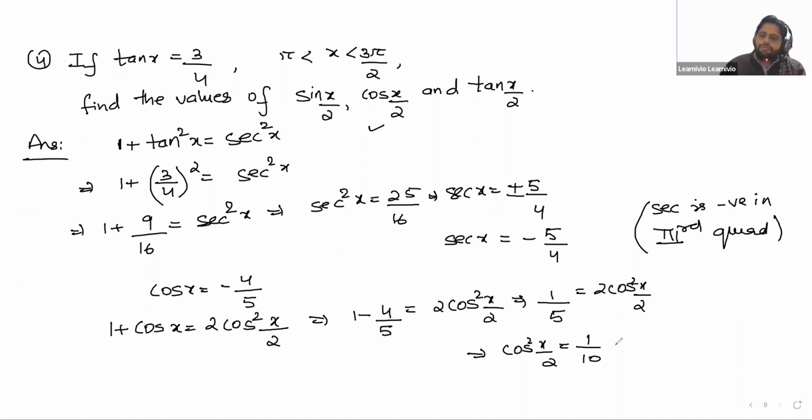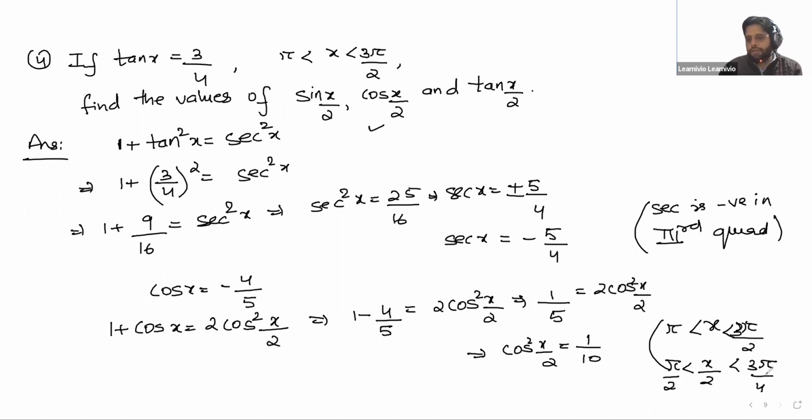Now, here we have the angle x by 2, so we need to decide in which quadrant this lies. x is between pi and 3 pi by 2. We need x by 2, so divide this completely by 2. You will get pi by 2 less than x by 2 less than 3 pi by 4. So greater than 90 and less than 3 pi by 4. What is 3 pi by 4? If we convert, we will get 135 degrees.